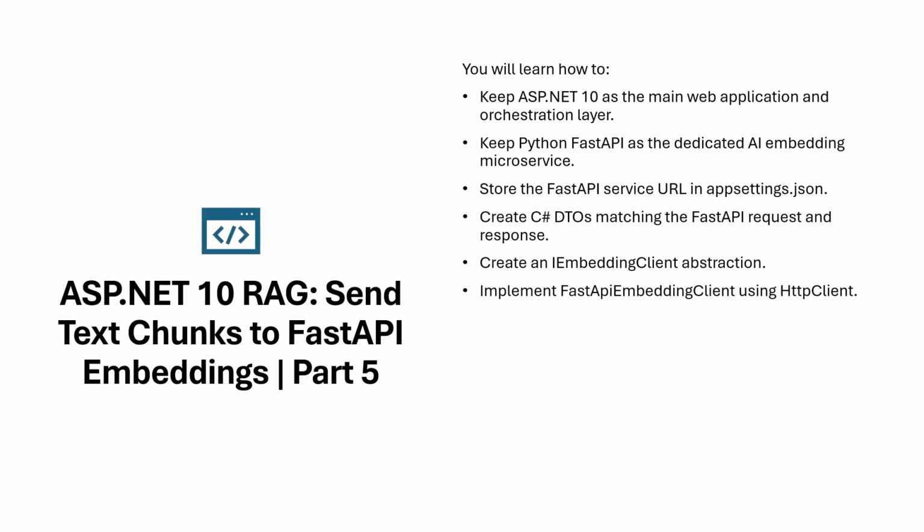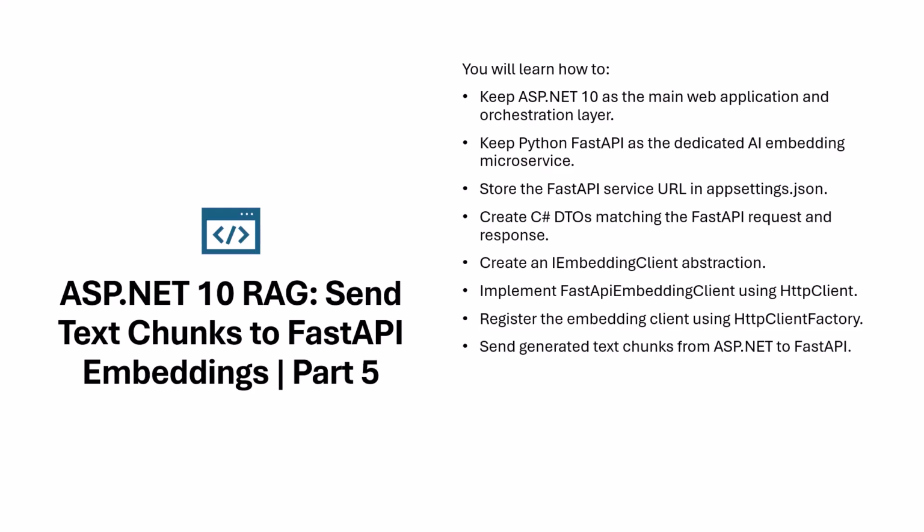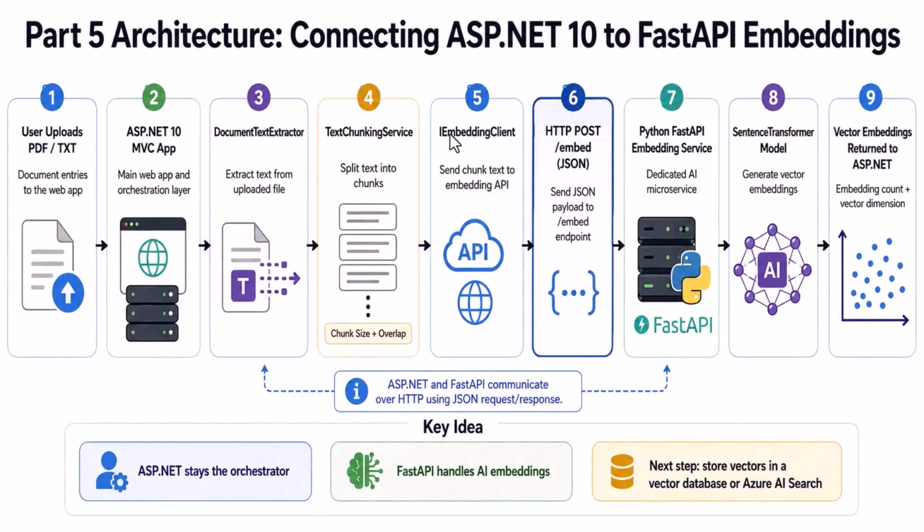So these are all the learning objectives of today's lecture. In part 4, we proved that Python can generate embeddings independently. In part 5, ASP.NET 10 starts talking to that Python service over HTTP. ASP.NET doesn't generate embeddings itself. It sends the text chunks as JSON.